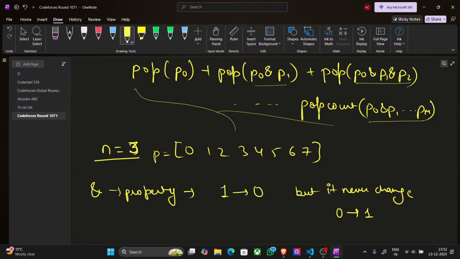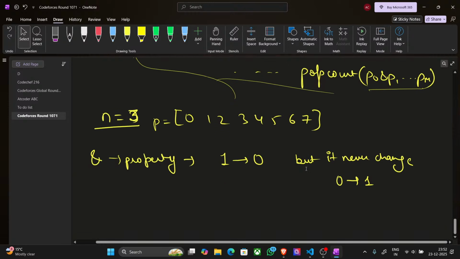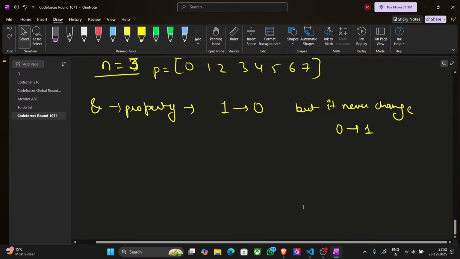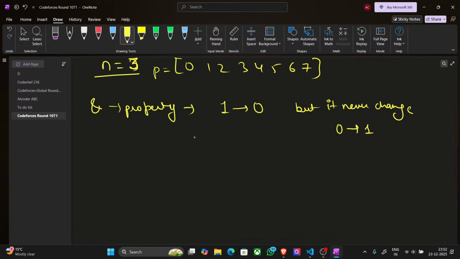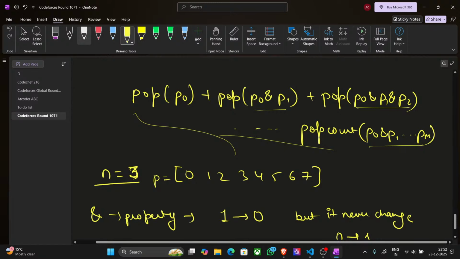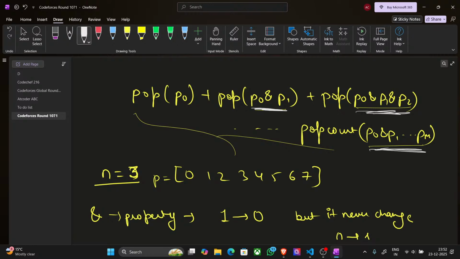Clear? If a bit is 1, it can stay 1 or change into 0, but it can never change 0 to 1. So as I said, these ANDs will decrease your value, or it will stay constant, but it cannot increase the value.